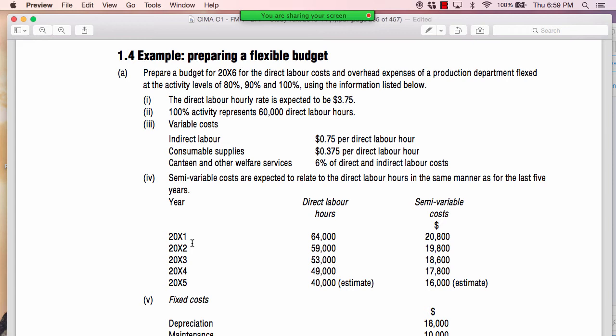So then, what is 80%? How many labor hours would it be? What do you think? Said, what do you think? If it's the 80% level, how much would it be? How many direct labor hours would it be?